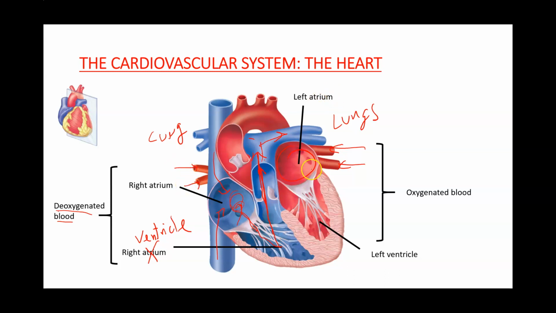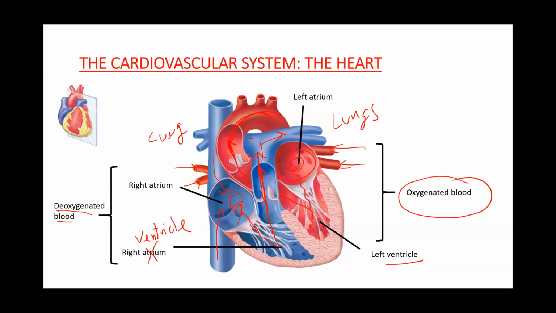From the left atrium, blood is passed onto the left ventricle, and from there is going to be pumped out through this huge artery called the aorta. So the left side is pumping oxygenated blood while the right side is pumping deoxygenated blood.